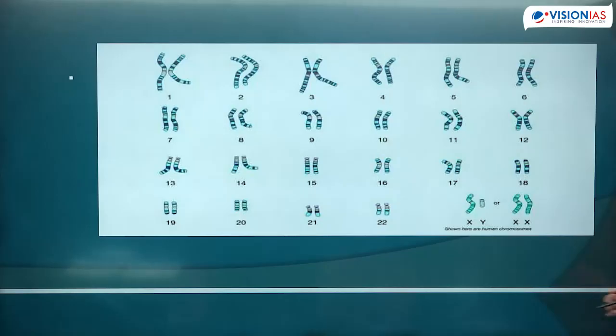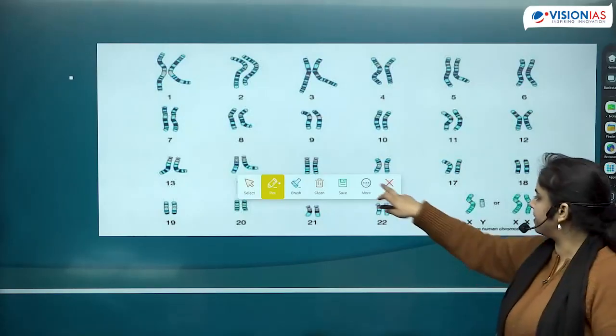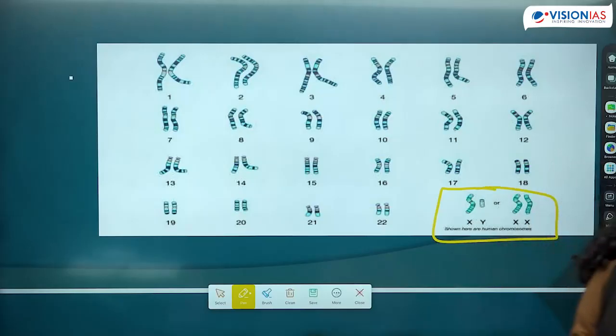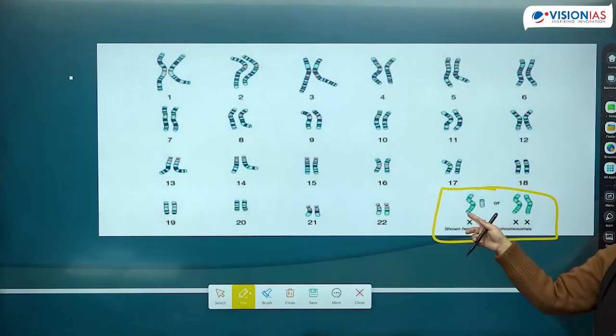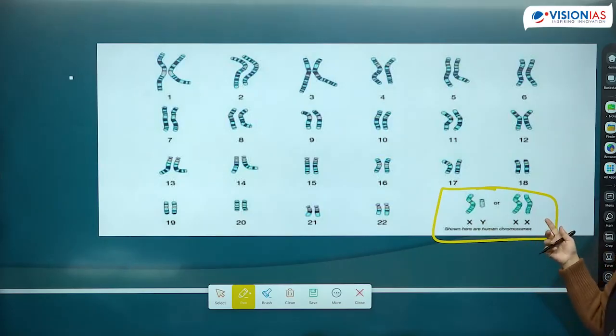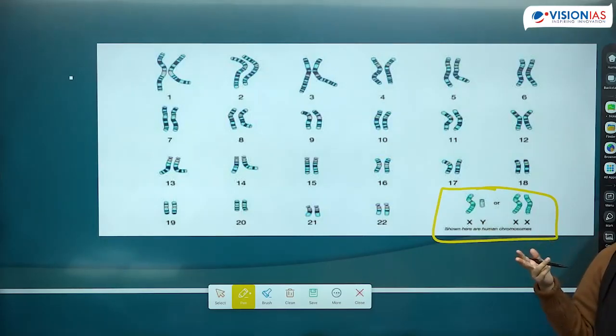Out of these 23 pairs, there is one pair which is a pair of sex chromosomes. In this, you have two sex chromosomes. One is called X, the other is called Y. You can see these two, X and Y. They are slightly different also in shape and size.